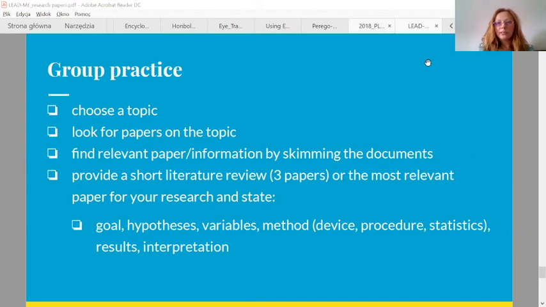Next time you look at some literature, maybe for your topics, even the topics that you already designed, it's good to choose a topic, look at whatever you find, and have a brief review of the titles plus abstracts and see what is relevant for you. Also, you want to have papers that are similar to your study, or that you want to use as model studies, that you will use to put things in your paper.